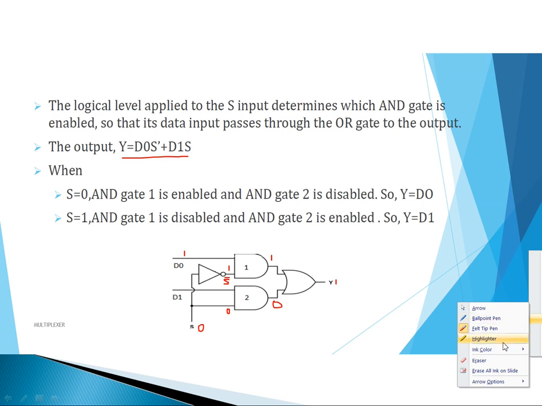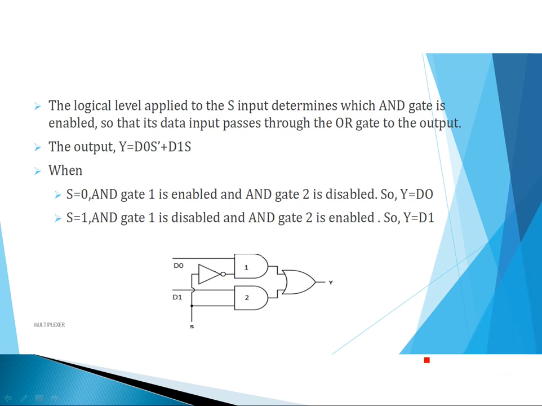So let's consider s value is 1. When the select line is 1, the d1 input has to be selected, right? So let's see. So s is 1. Here s bar value is 0. Now the output of this AND gate is always 0 irrespective of the d naught input. And for the second AND gate, s is directly connected, so now the input of this AND gate is 1.